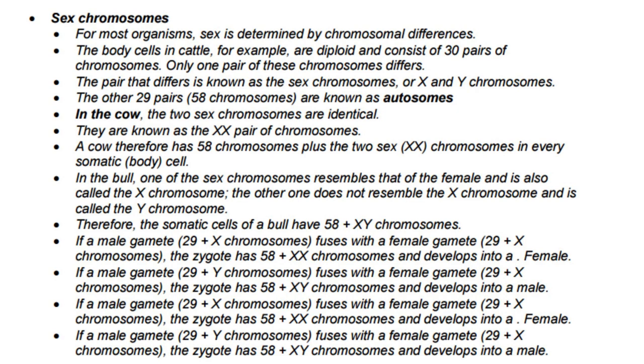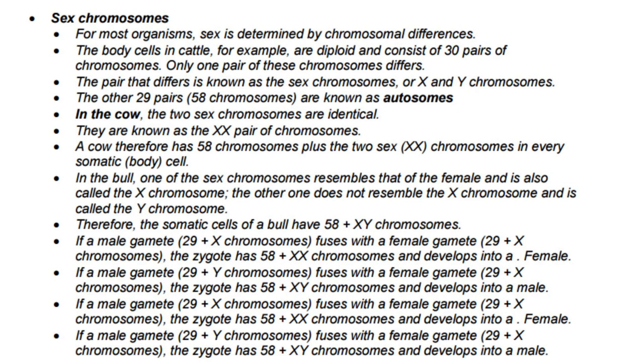The pair that differs is known as the sex chromosomes, or X and Y chromosomes. The other 29 pairs, 58 chromosomes, are known as autosomes. In the cow, the two sex chromosomes are identical. They are known as the XX pair of chromosomes.